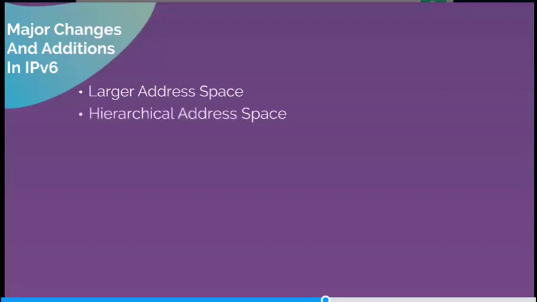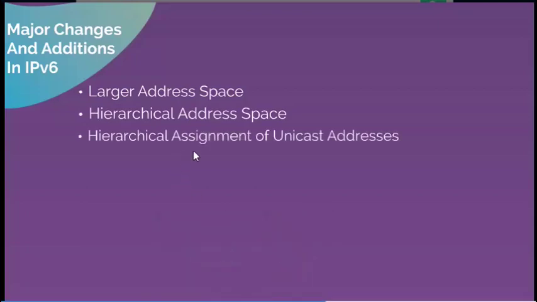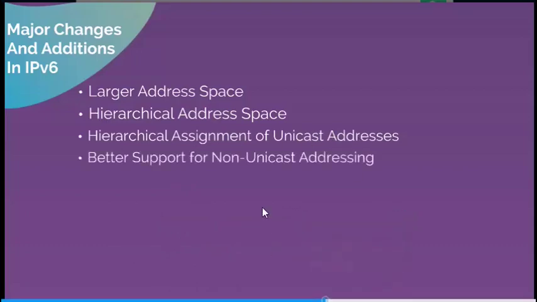Okay, these are the major changes from IPv4 to IPv6. There are more addresses that are going to be available. Hierarchical address space, it's going to be more structured. Hierarchical assignment of unicast addresses, better support for non-unicast addressing.